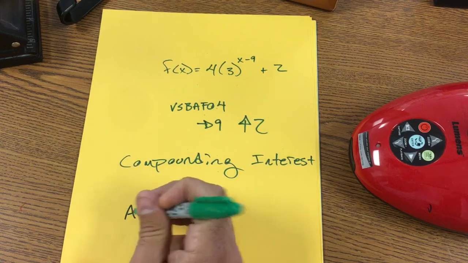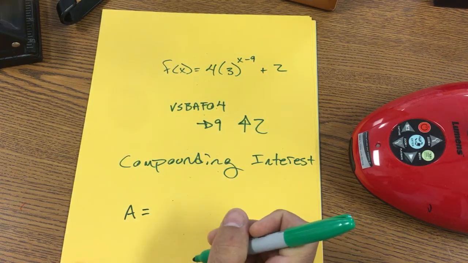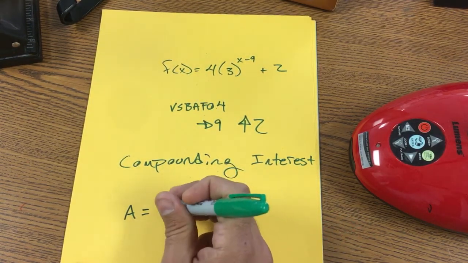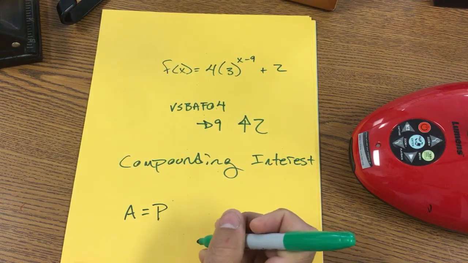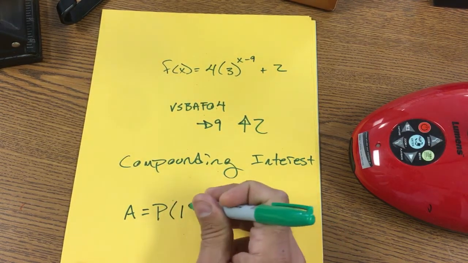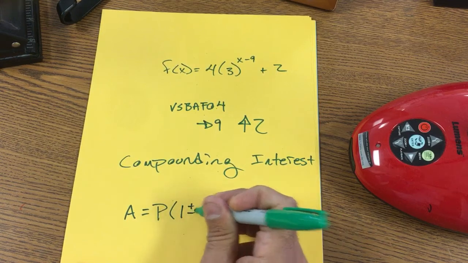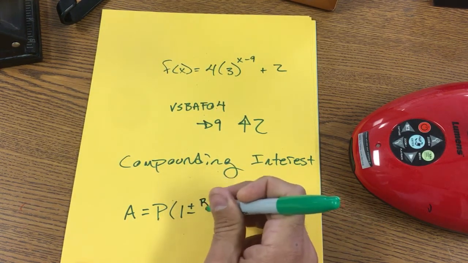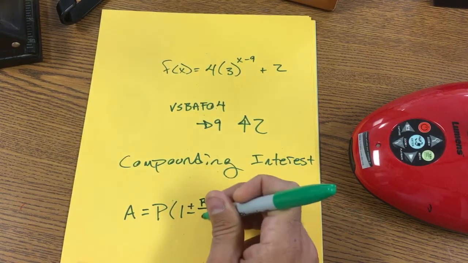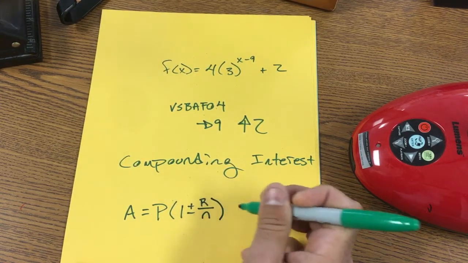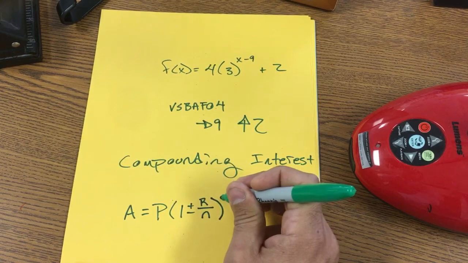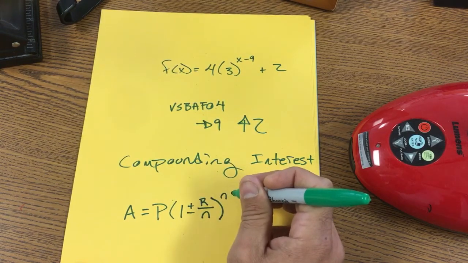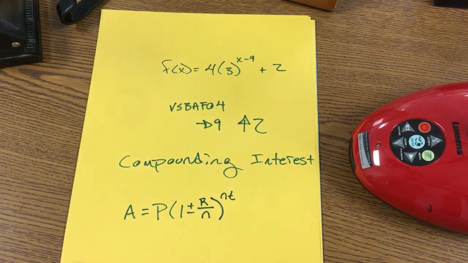So the final amount that we have or that we owe is going to be equal to the principal or the starting amount, how much I started with, times 1, plus if I'm getting more, minus if I'm getting less, the rate, which is the percentage as a decimal, over the number of compounding terms, to the power of the number of compounding terms times time.